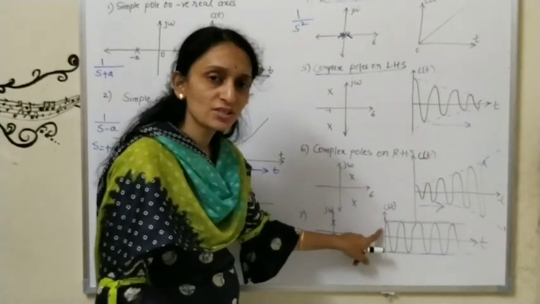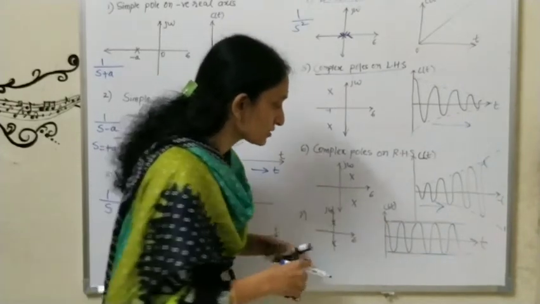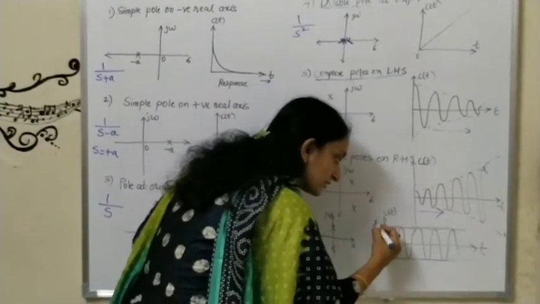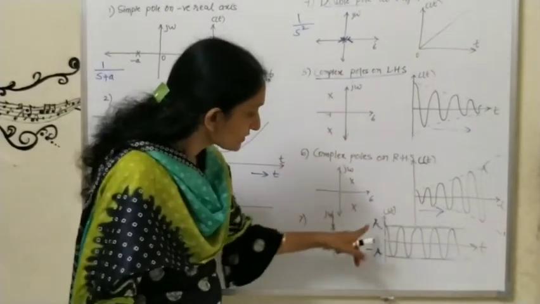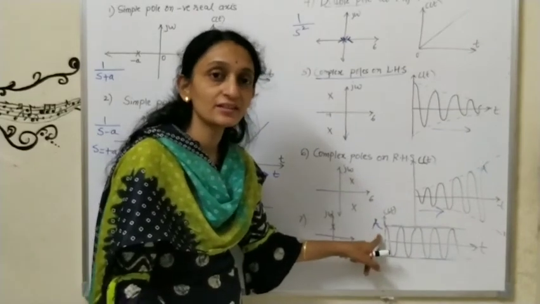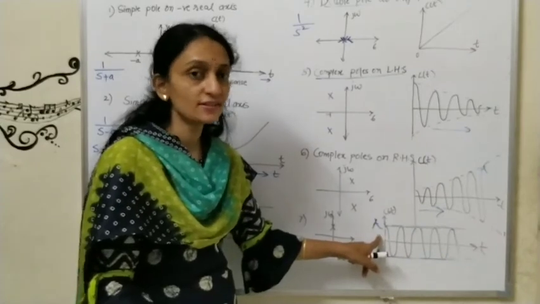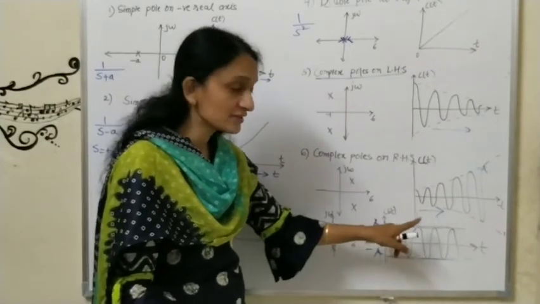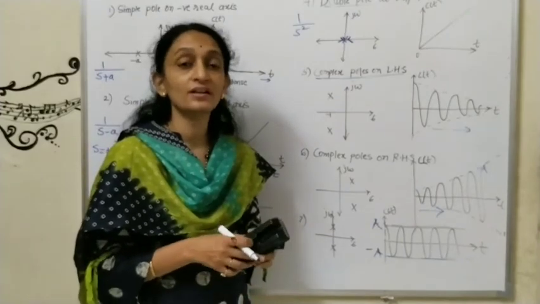Just like a sinusoidal waveform, the output reaches some value. Suppose this is constant amplitude A and this is minus A. So this output is continuously varying between A and minus A. It is neither increasing nor decreasing. Such a response is called sustained oscillations. If we get such a response, the system is marginally stable or critically stable.